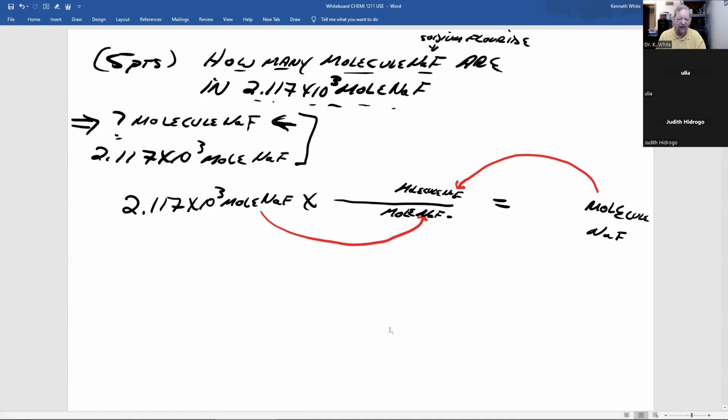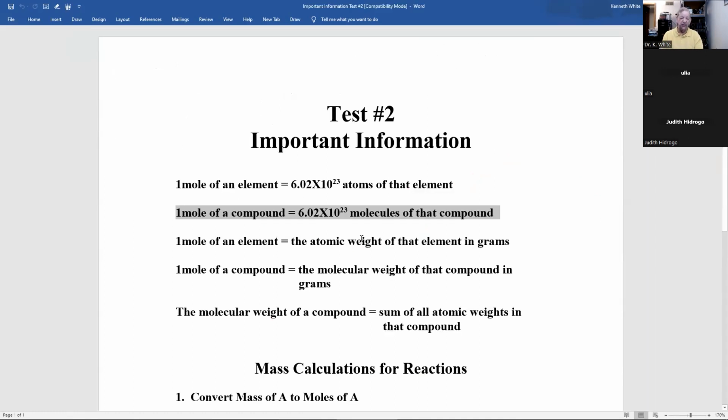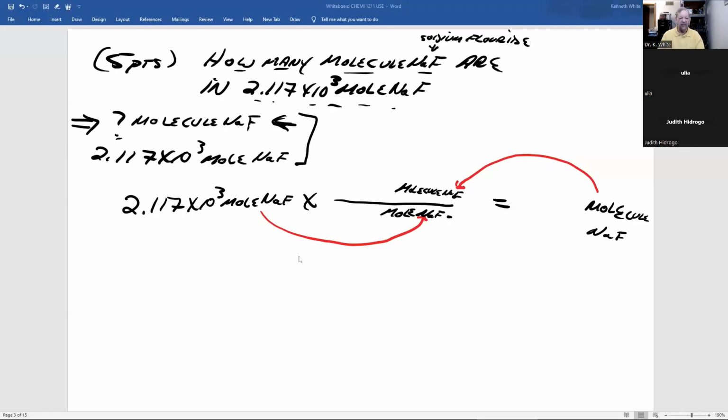If you look at important information, test number 2, or come back and look at this video when you're doing the practice problems for this chapter 5, you will see 1 mole of a compound equals Avogadro's number of molecules of that compound. And I have it written up here.